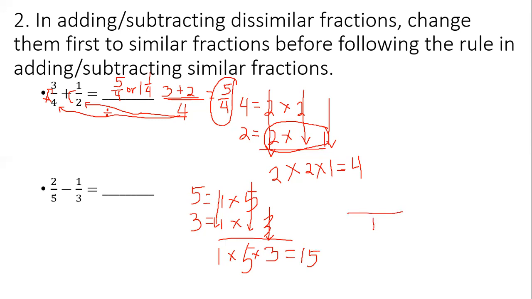So we have our common denominator, 15. 15 divided by 5, that will give us 3 times 2. So that will give us 6. Minus 15 divided by 3 gives us 5. 5 times 1 is still 5.